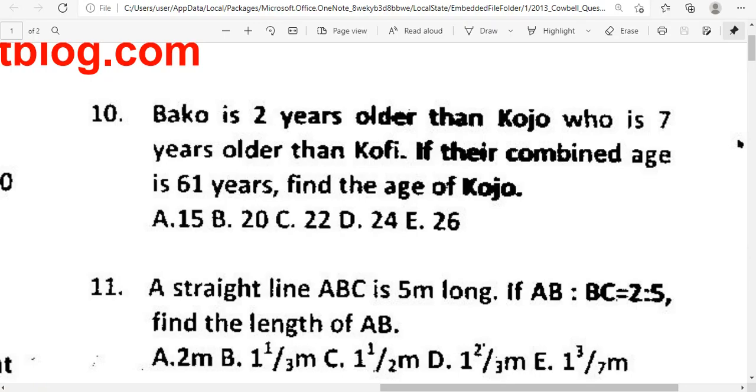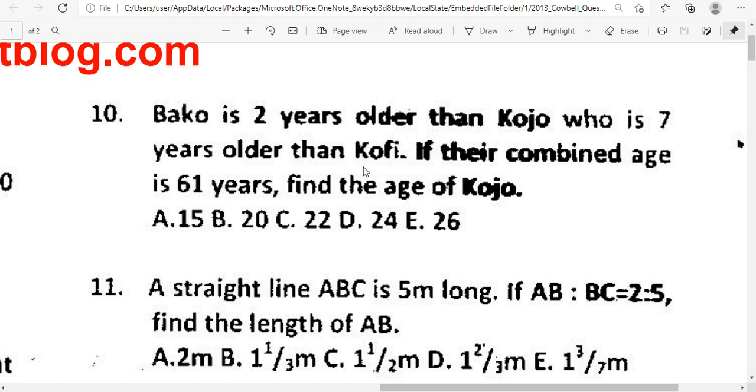Now look up. Bako is 2 years older than Kojo. Listen. If you know this first thing I want to do now, you will solve it. It's not difficult. I need you to pay attention. Bako is 2 years older than Kojo, who is 7 years older than Kofi.